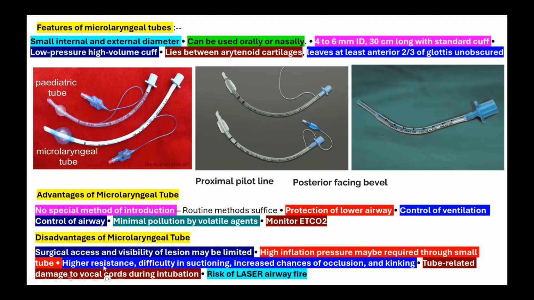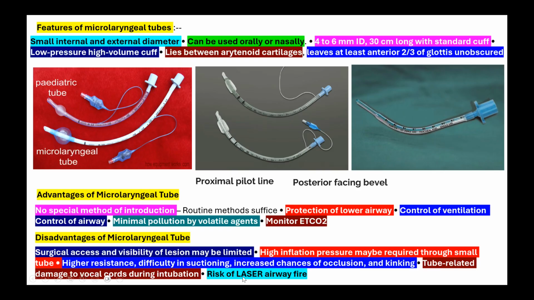He has to breathe through a high resistance, so a longer duration of spontaneous ventilation with a microlaryngeal tube can result in NPPE, negative pressure pulmonary edema. And there is difficulty in suctioning. If there are secretions or blood clots, it will be difficult to suction through that. These tubes can easily get occluded because of the narrow diameter, or they can get kinked, and tube related damage to the vocal cords can sometimes happen.